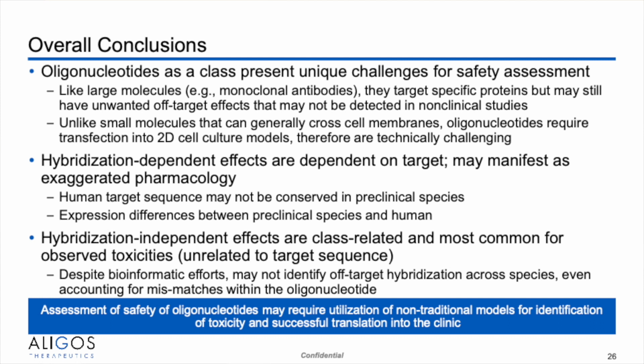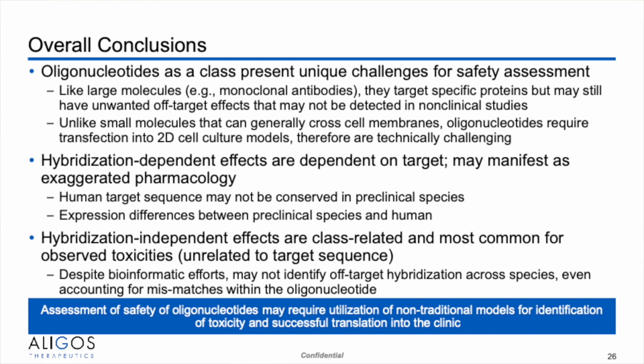It's attractive because you can target specific proteins, but you may also still have unwanted off-target effects that may not be detected in our non-clinical studies. And unlike small molecules that can readily cross cell membranes and get in, the oligos require transfection into 2D cell culture models, so it's technically challenging to work with.